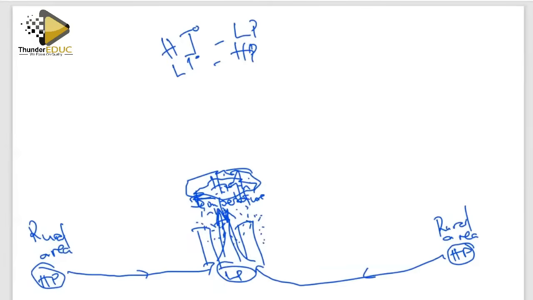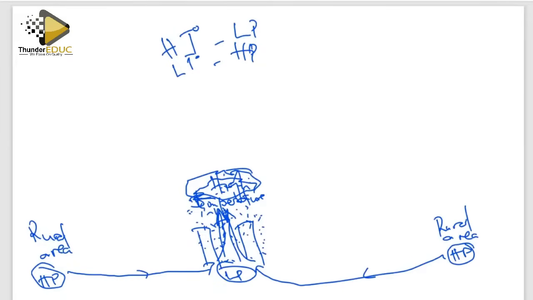That is most likely localized precipitation. It won't cover the rural areas. It will just cover above the urban area, and it will be received in the urban area. So that is how urban heat islands contribute towards the formation of rainfall.